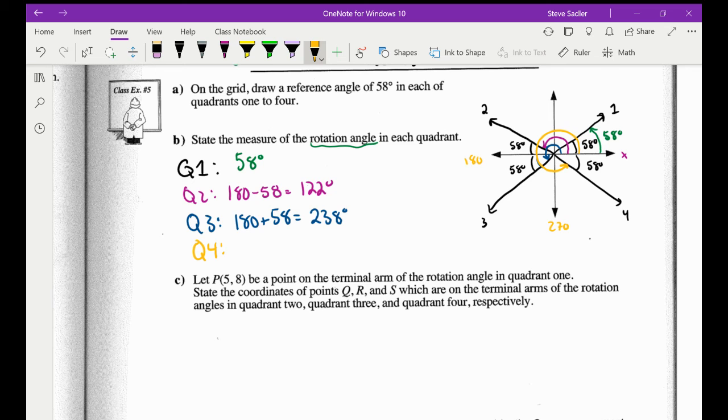So in this case, oh, actually, it's better to do it this way. I apologize. This one's 360. So we know this arc right here. So it's going to be better to do it as 360 minus 58 degrees, and that gives us 302 degrees. There we go.